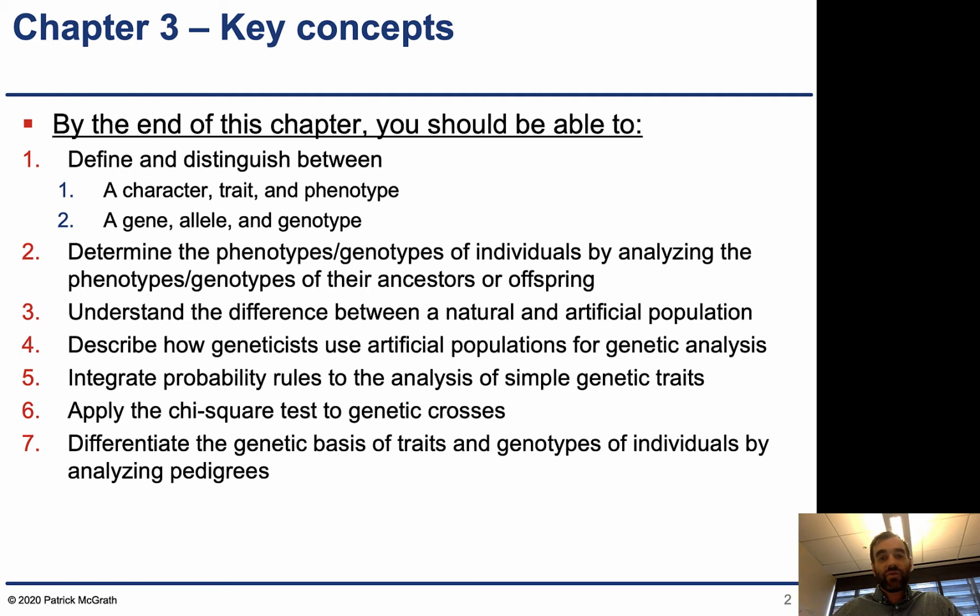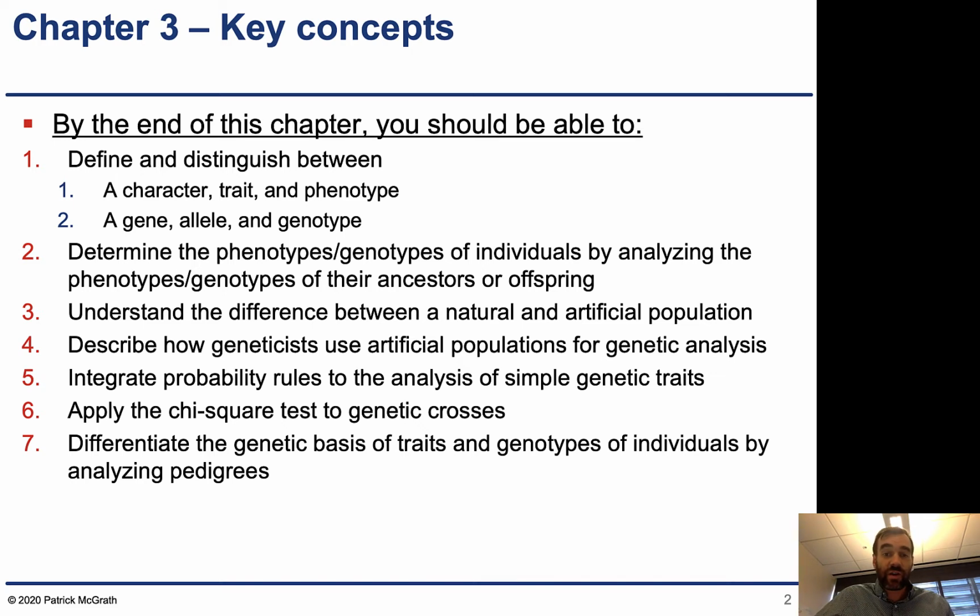So, what controls the phenotype, what is within your DNA that is able to influence how an organism looks, for example. And then this is the first chapter where we're going to discuss how we use analysis of both genotypes and phenotypes of individuals in order to infer the inheritance pattern and how inheritance works.